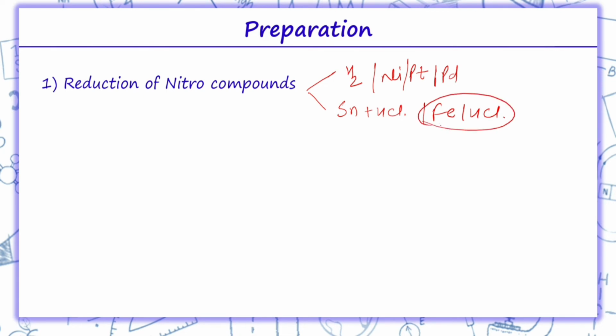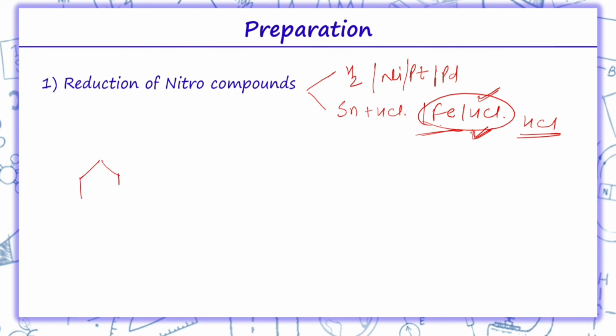Now this iron scrap with HCl we prefer because FeCl2 formed over here gets hydrolyzed to release HCl during the reaction. Thus only a small amount of HCl is used to initiate this reaction, therefore iron scrap and HCl is preferred.